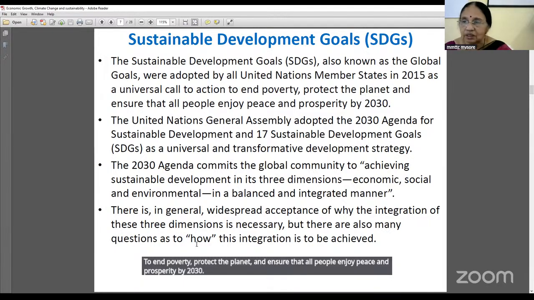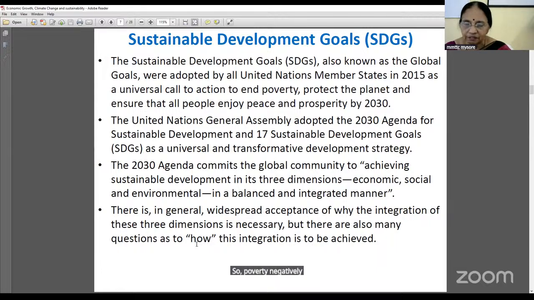See why the sustainable development goals have all this, end poverty and protect the planet? Because the Brundtland Commission identified that poverty has a major impact on the environment. So poverty negatively affects the environment.